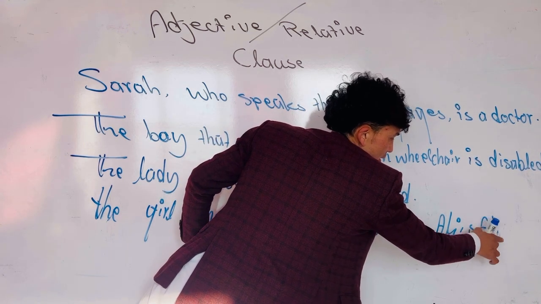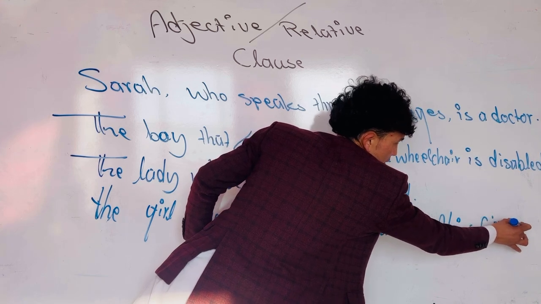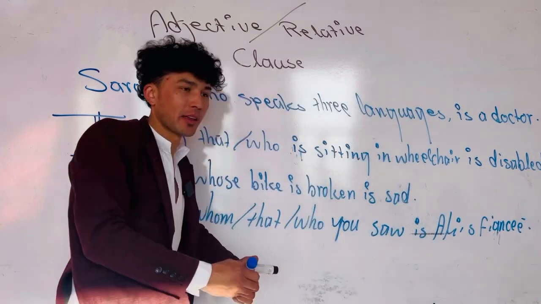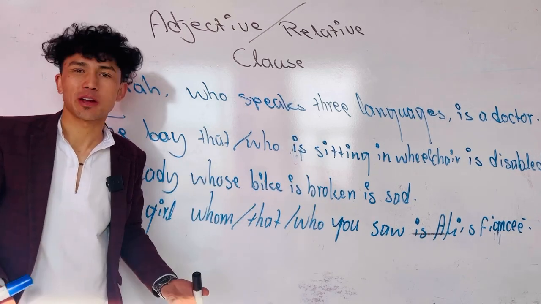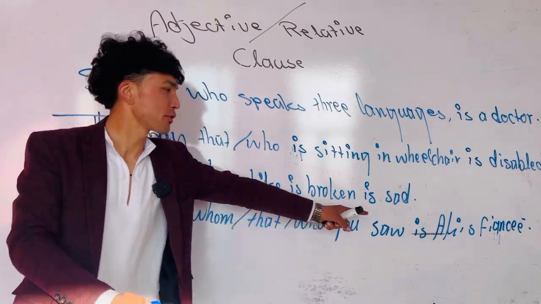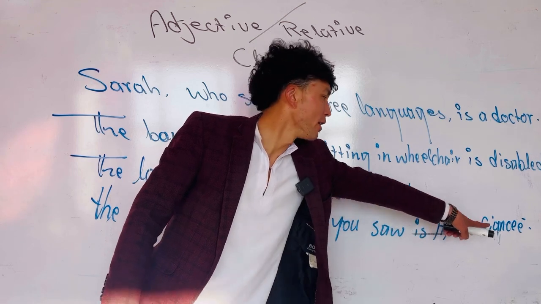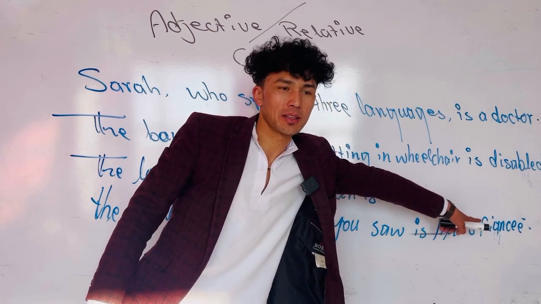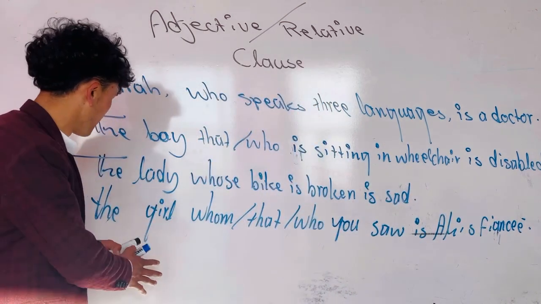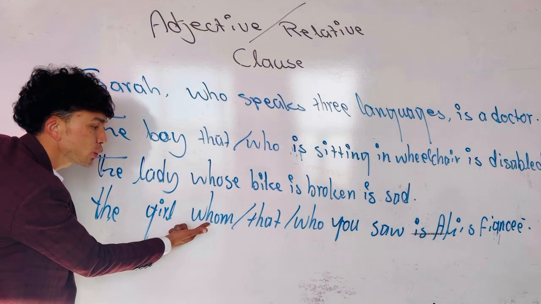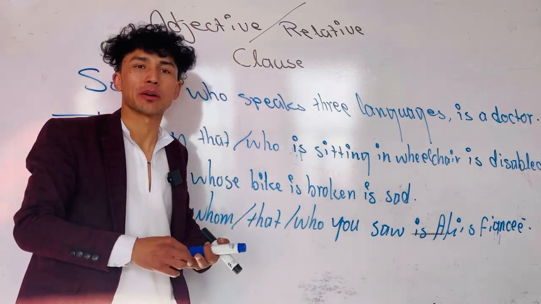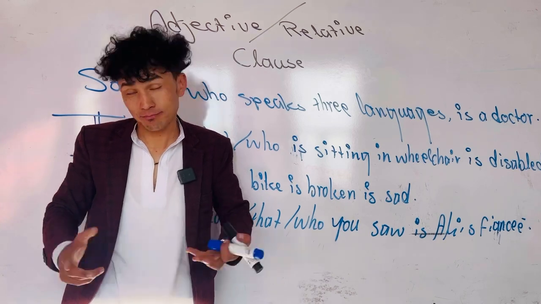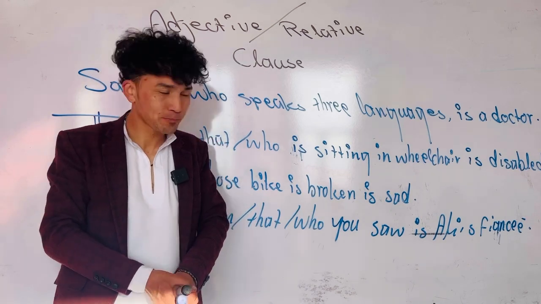You know fiance? The person who is engaged to you is called your fiance. Okay, Ali's fiance. Ali is a boy. Fiance is a girl. Do you understand? That is all. Okay, the girl who you saw is Ali's fiance. You understood? Yeah. Correct.